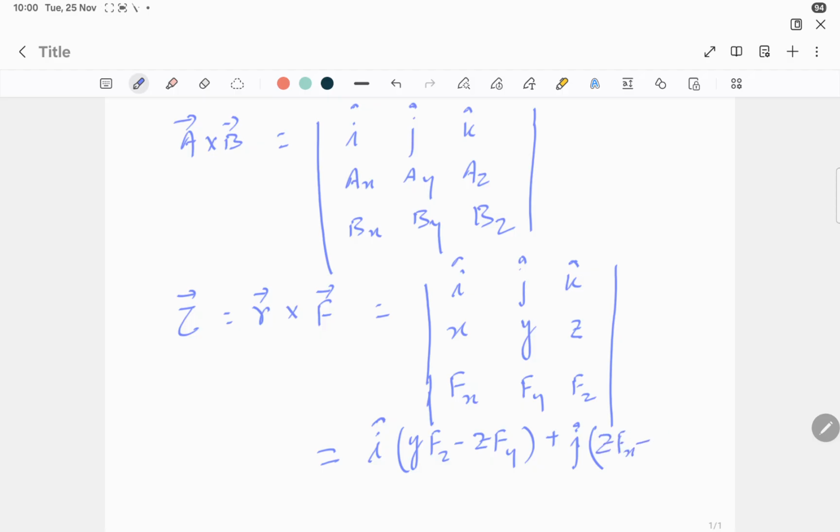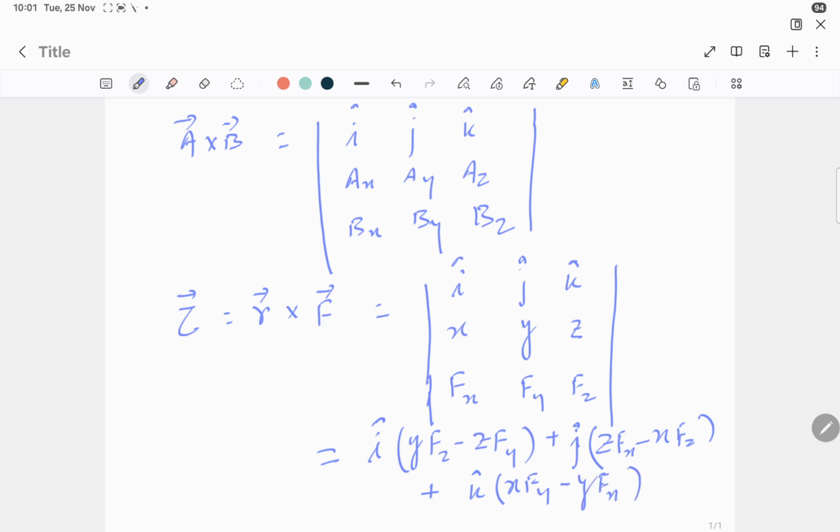So it is j times z Fx minus x Fz, where this row and this column are forgotten, and finally k. So instead of reversing the plus minus sign, I prefer to reverse the order of multiplication. So here k, and this row and this column are forgotten, then I multiply again in direct order x Fy minus y Fx.